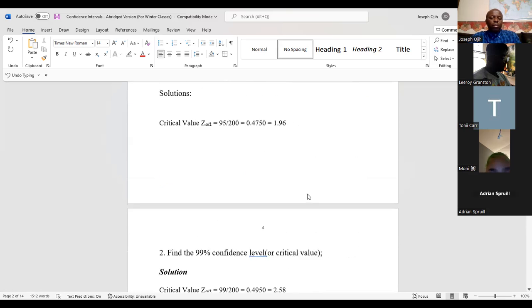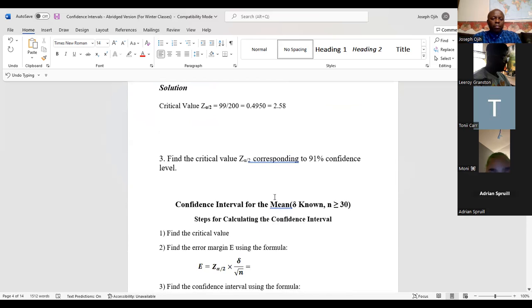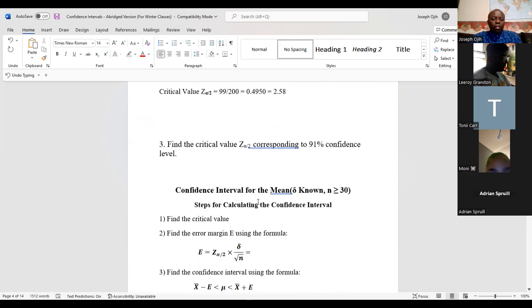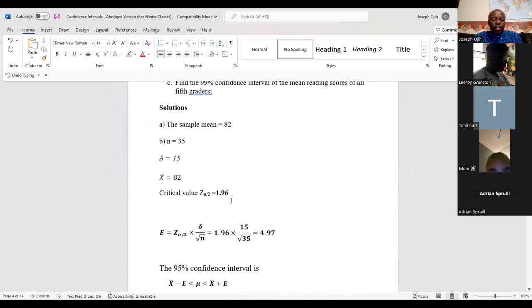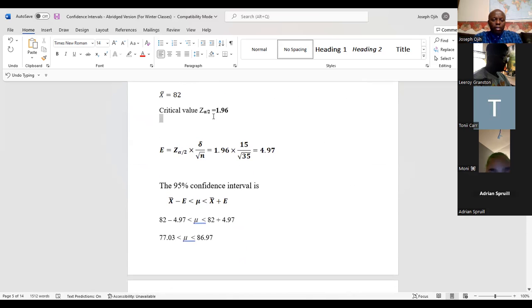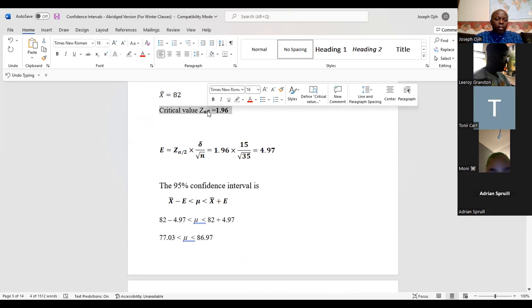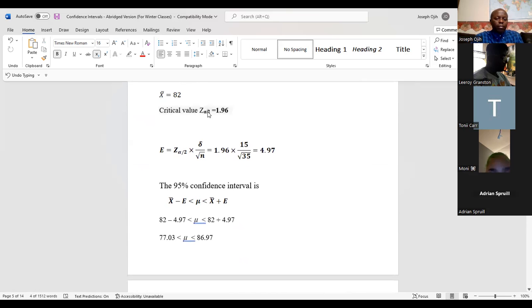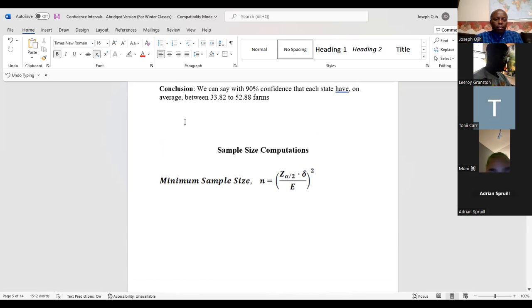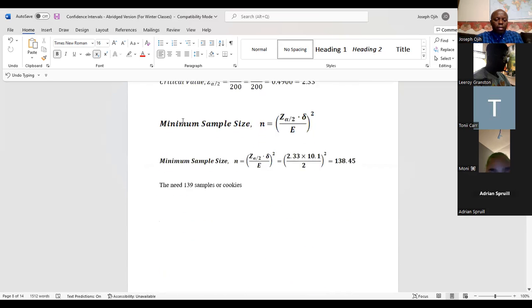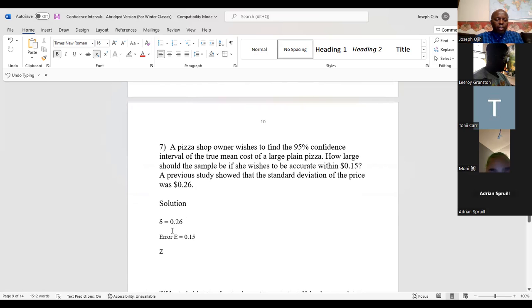So we're just going to pick it up from here, 1.96. Plugging it into this formula, let me write these numbers down.